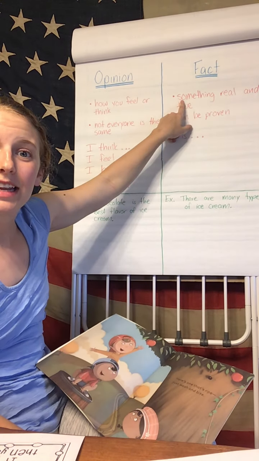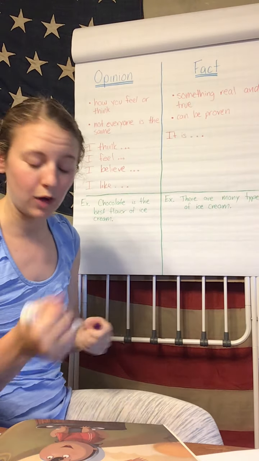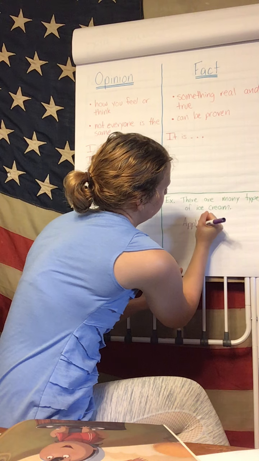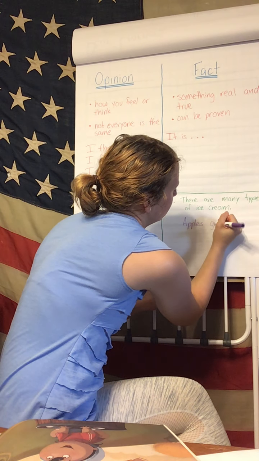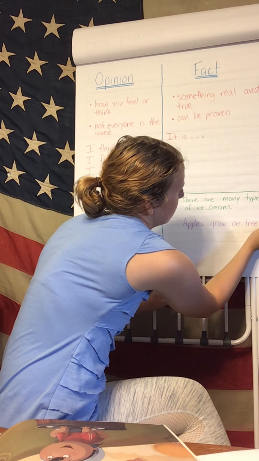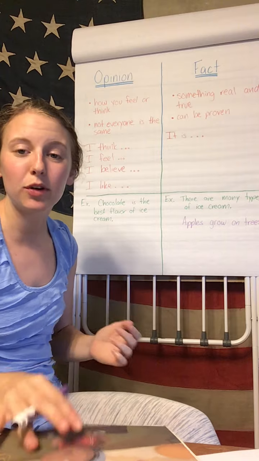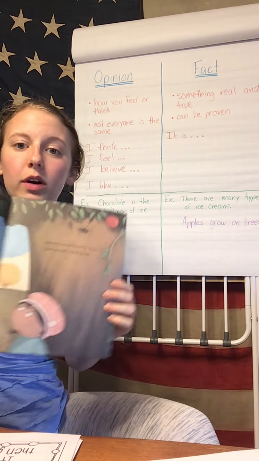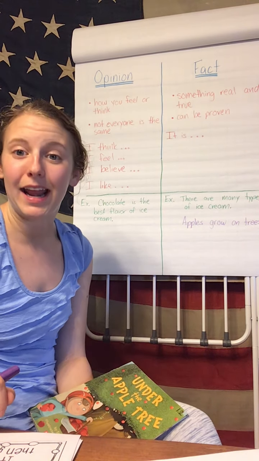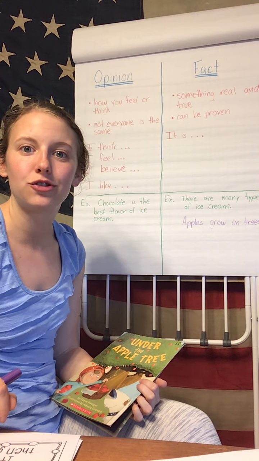Is that something that is real and true? Can that be proven that apples grow on trees? Yes, it is a fact. You can prove it by seeing in this story that apples grew on trees. You could go to an apple orchard and see that apples grow on trees. That is a fact. That is something real and true.